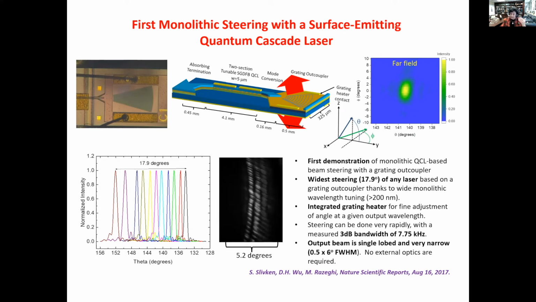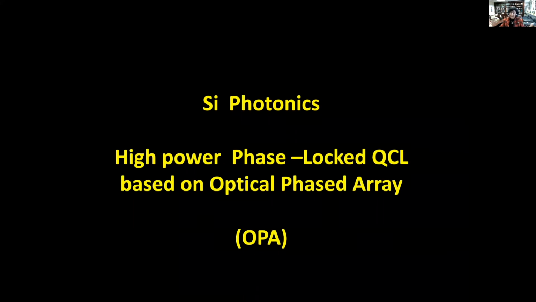We demonstrated that it is very fast, with a 3 dB bandwidth of 7.75 kilohertz, and the output beam is very, very narrow. But again, all of that is a demonstration; it needs to be followed and continued for the future. Now we need silicon photonics. We need everything again on the same substrate and to have much higher power again.